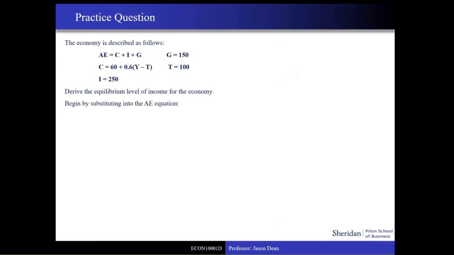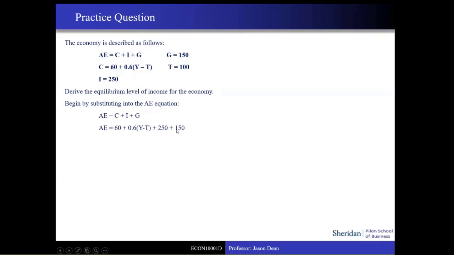So the first thing you always want to do with these questions is write out your aggregate expenditures function. So here it's C plus I plus G, there's no foreign sector. And then we substitute in what we know. So we know that the consumption function is 60 plus 0.6 times disposable income. We put that there, add in our investment, and we add in our government spending.